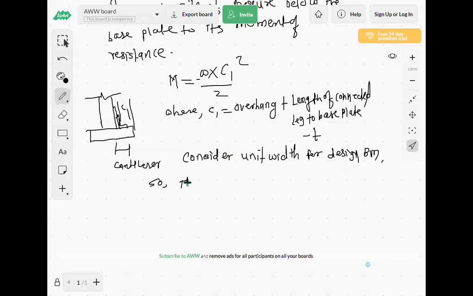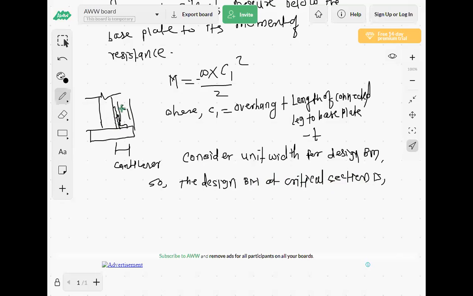So the design bending moment at critical section. So what is the critical section?